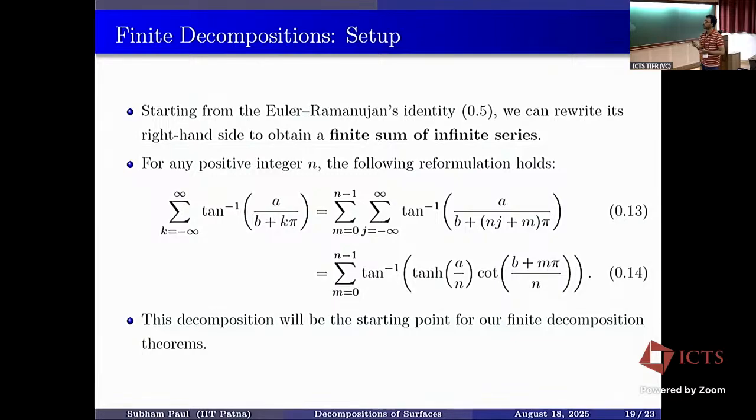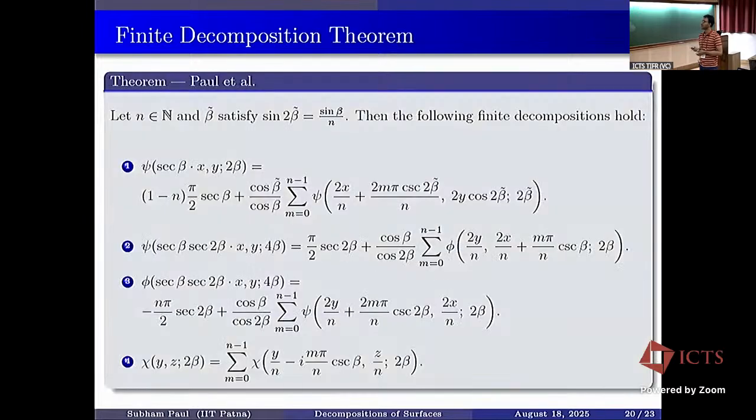Using these two equations, one can also find the finite decompositions of these surfaces in terms of themselves. You can see from the expressions that psi, phi, and chi, that is the Scherk's minimal surfaces, maximal surfaces, and the Born-Infeld solitons, are all related to each other by these expressions. And we have the following infinite decompositions.